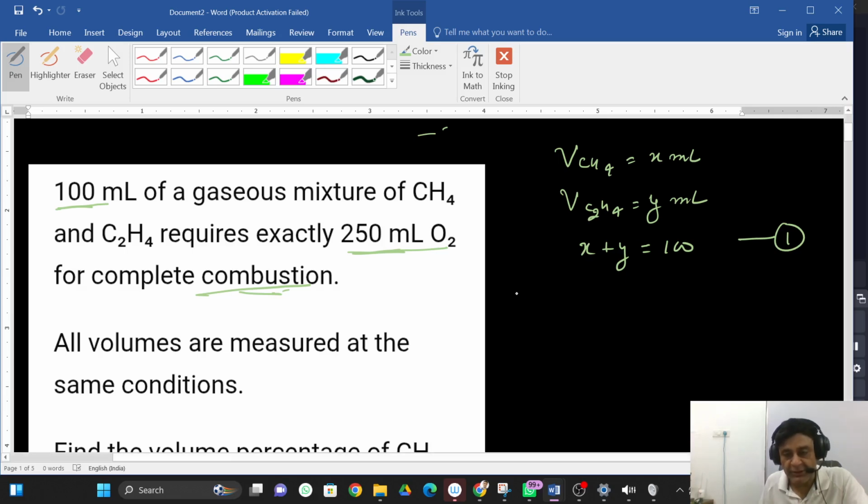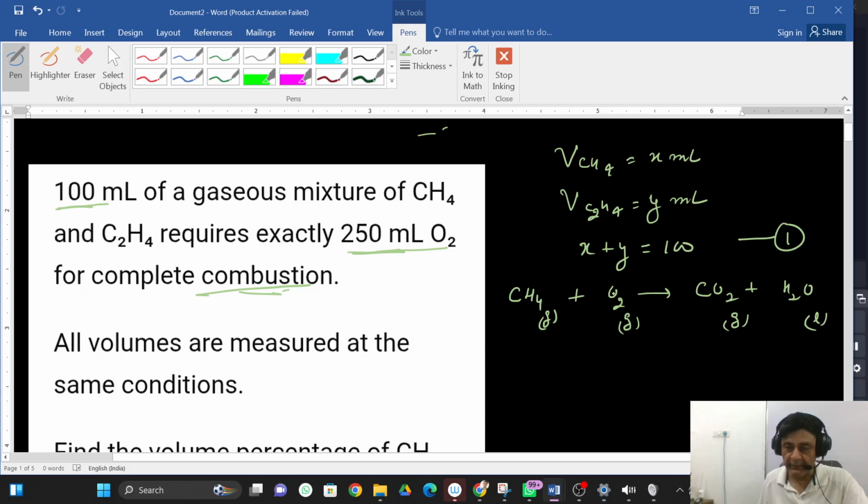So let us write the stoichiometric equation for the combustion reaction. Methane gas with oxygen gas, after combustion, gives carbon dioxide and water. Write their physical states and then balance it, otherwise you will not get the right answer.